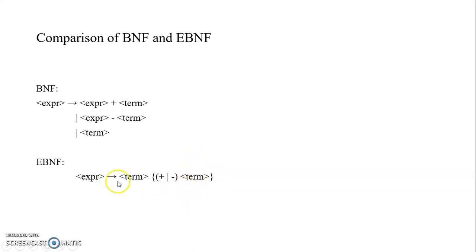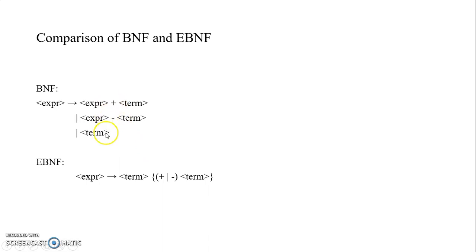So see here, in the bracket we have written either plus or minus, then the terminal. That means this expression is either added up with the terminal, or this non-terminal part is subtracted with the terminal, or the expression is assigned to the terminal itself.